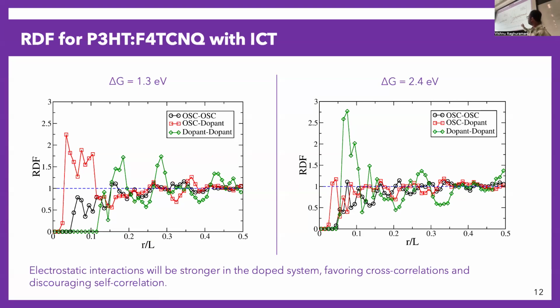And the most striking difference is you can see in the red line, which is the OSC dopant RDF. You can see that once it's doped, the OSC dopant RDF has a very pronounced peak at a very small distance, which makes sense because now your dopants are charged with negative charge overall, -1, and your OSCs have a positive charge. So the electrostatics will want those two to interact, and it will not want the like ones to interact.